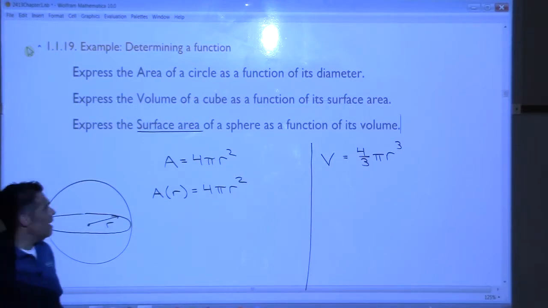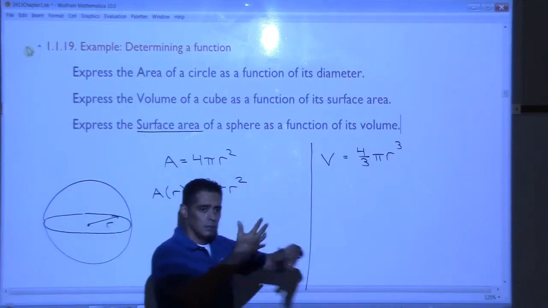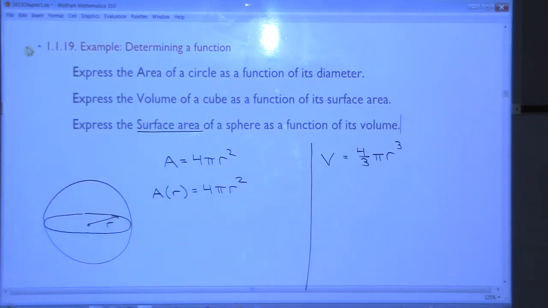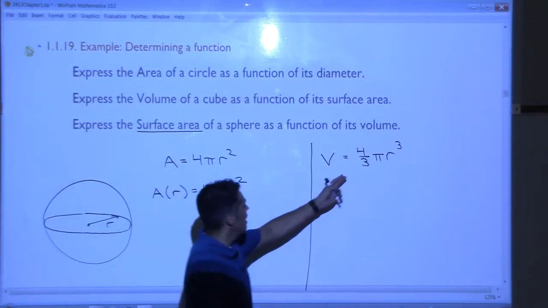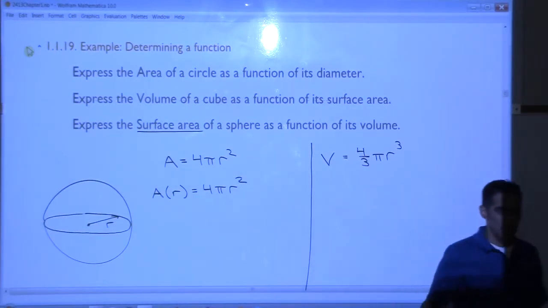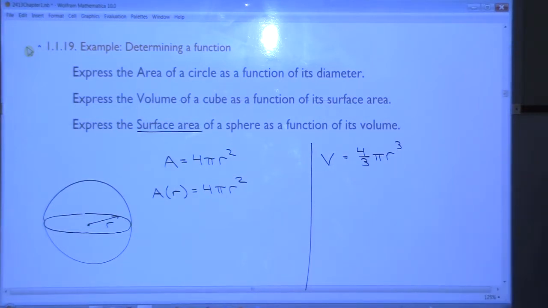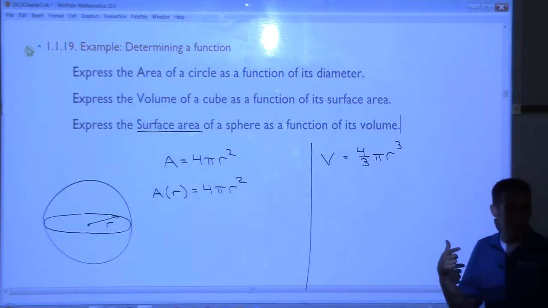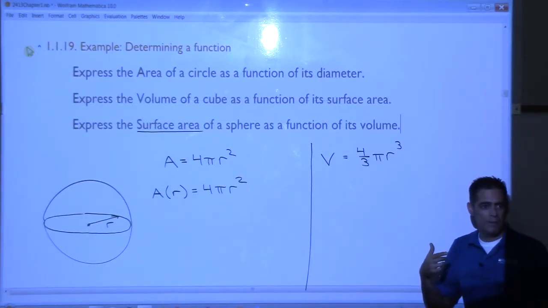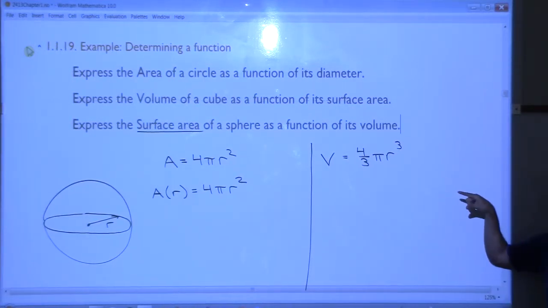Okay, so if you were asked to solve this for r, what would you do first? Okay, so what would that become if you move the fraction over? In your mind, are you dividing by 4/3 or multiplying by 3/4? Multiplying by 3/4. So the other side's going to become 3/4 V, and the right side's gone. Okay.